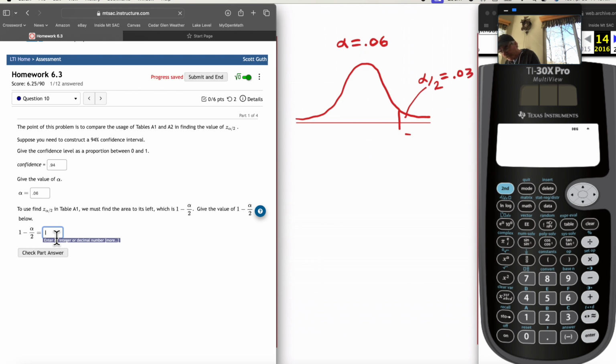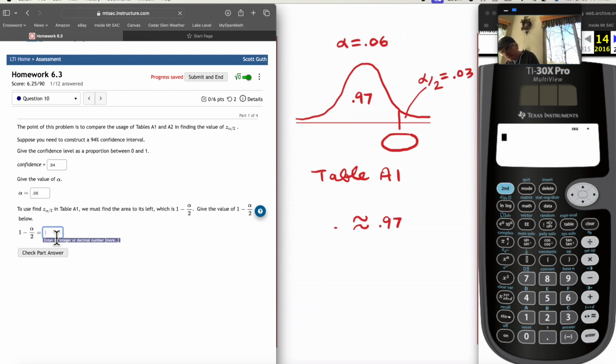Now, how would you find this z-score on table A1? Well, the way we used to do it was we would always figure out the area to the left. So this is going to be a 0.97, okay? And then you would go to table A1 and then just search in the body of the table for something that's approximately 0.97, okay?